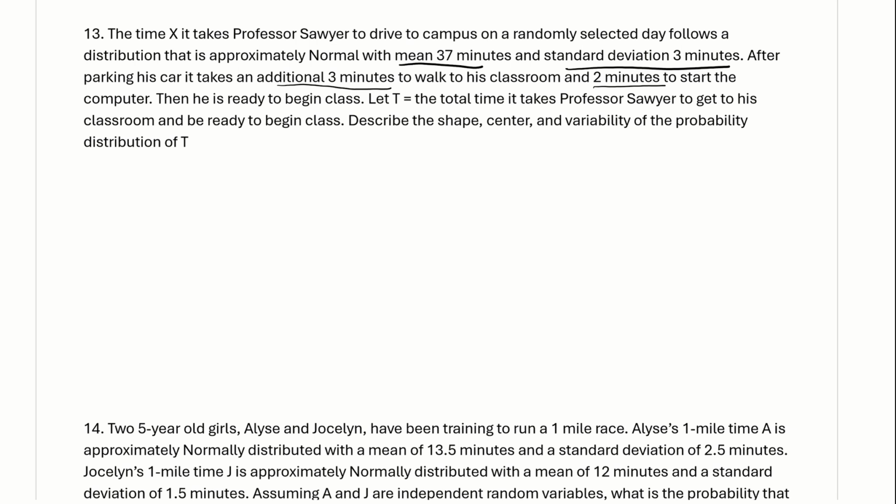Okay, so in this case, the mean is 37 minutes. We have mu x equals 37 minutes, and then an additional 3 minutes to walk and 2 minutes to start the computer. And t is the total time. So t is the random variable for the time it takes him to drive to campus, which is on average 37 minutes, but it could vary, right?